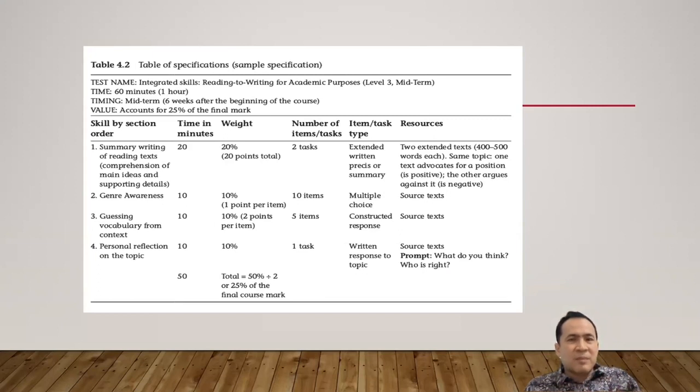Task type means something like written summary or multiple choice response, or a written response to topics or whatever. And resources mean where the text comes from, something like this. So before doing the test, before making assessment, you have to see this table of specification. You know, this is very important.